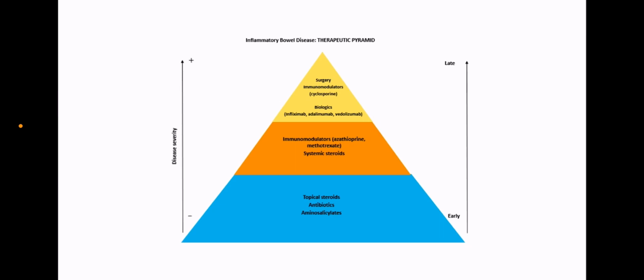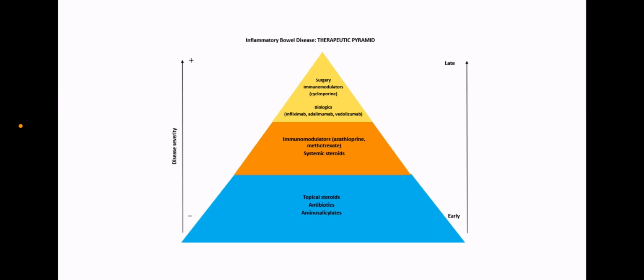After that, we have immunomodulators like azathioprine, mercaptopurine, and methotrexate. Azathioprine is known as Imuran, and mercaptopurine by the name of Purinethol, and systemic steroids. So we start with topical steroids, and this varies with the severity and the duration of the disease.